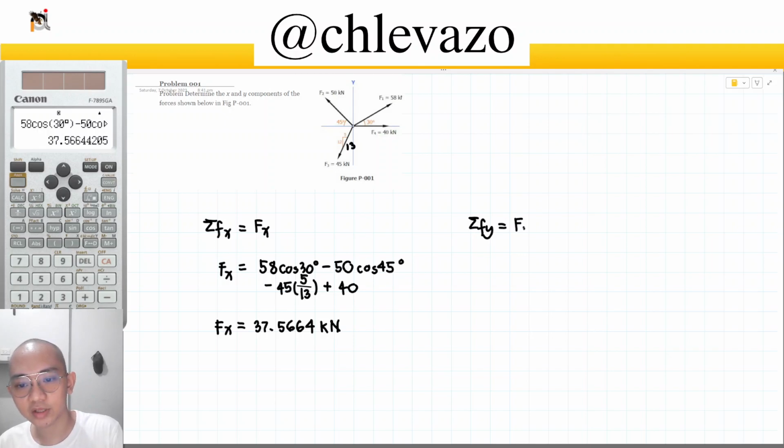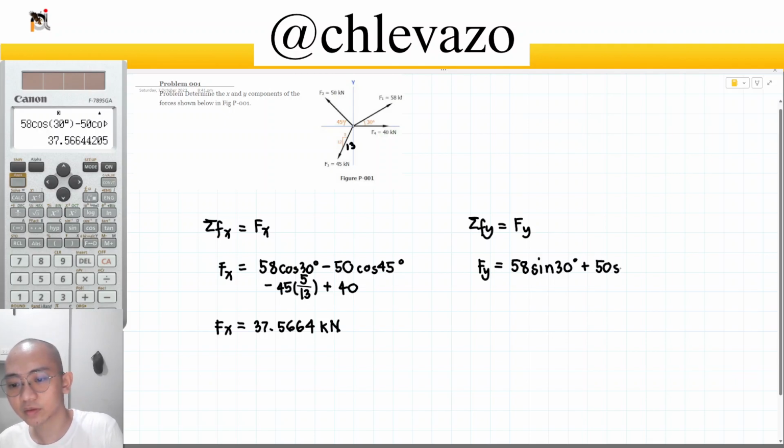the y component, Fy. At yung Fy na yun, this is equal to what? So we have 58 sine 30 degrees. And then plus, kasi F2 is also towards the positive y-axis. So that's plus 50 sine 45 degrees.